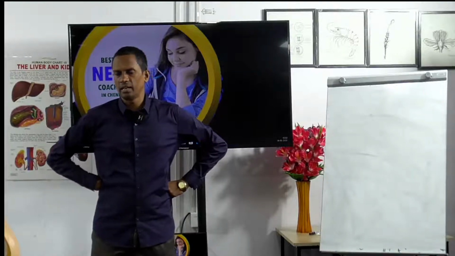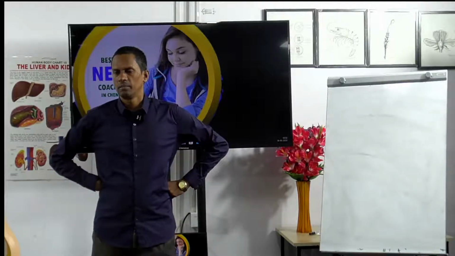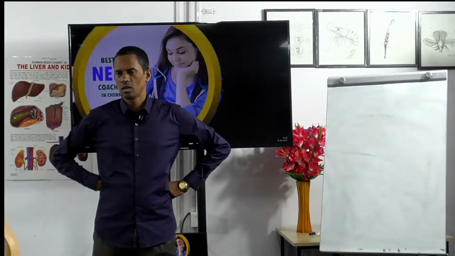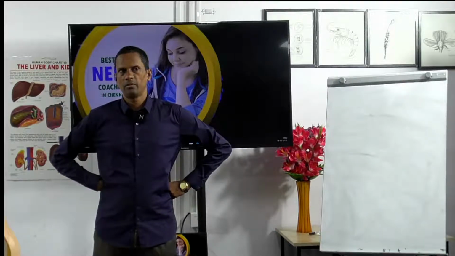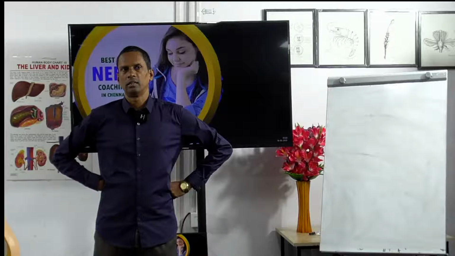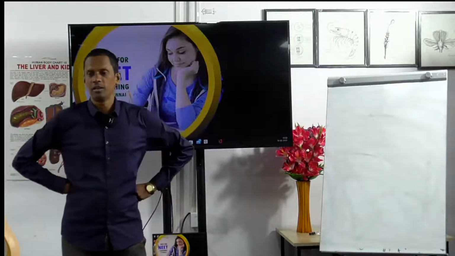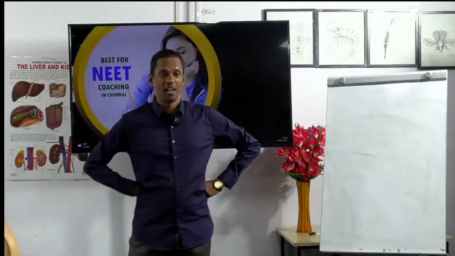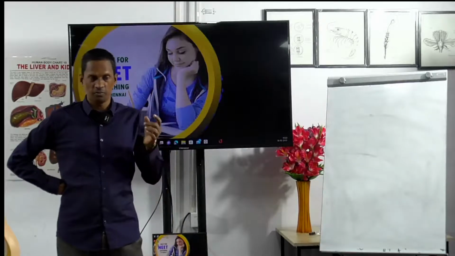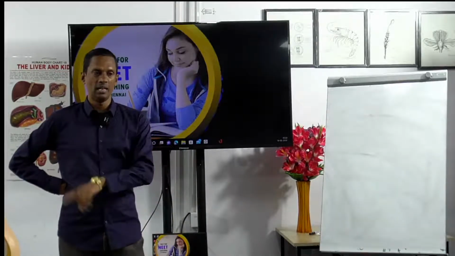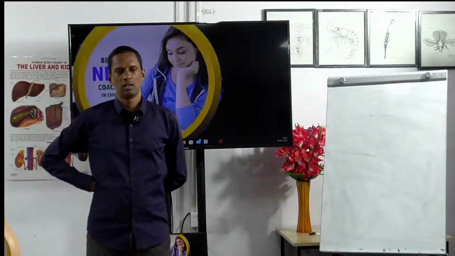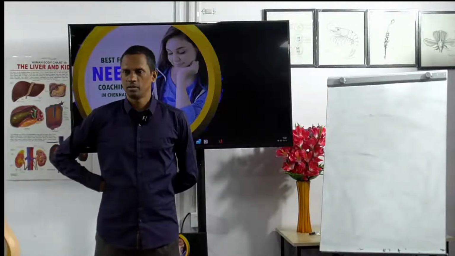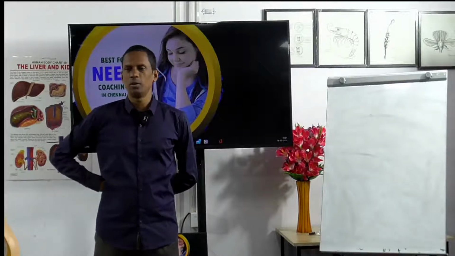Now, what is the sentence I gave in the induction? The electric current can be induced in a coil by the rate of change of magnetic flux produced in another coil. What does it denote?